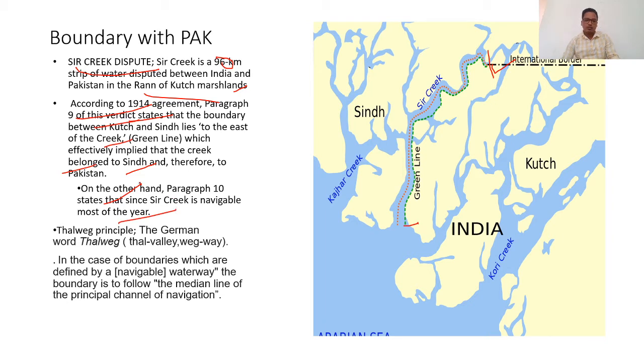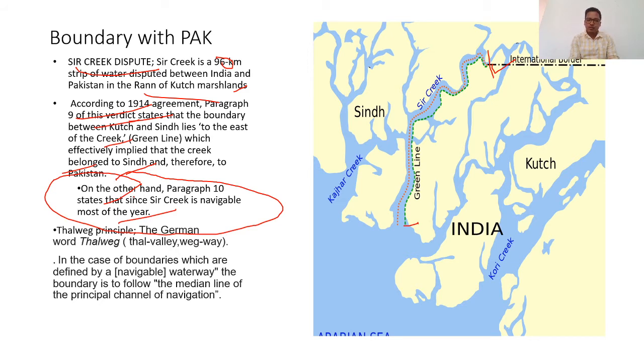This is the issue. This is the point in the hand of India. Paragraph 9 says that the Green Line would be the boundary, Sindh belongs to Pakistan. But paragraph 10 says this is a navigable channel.